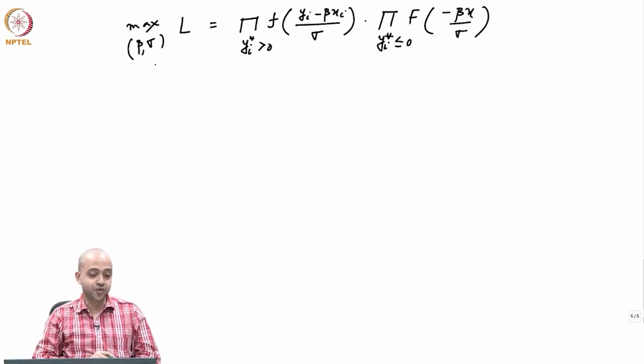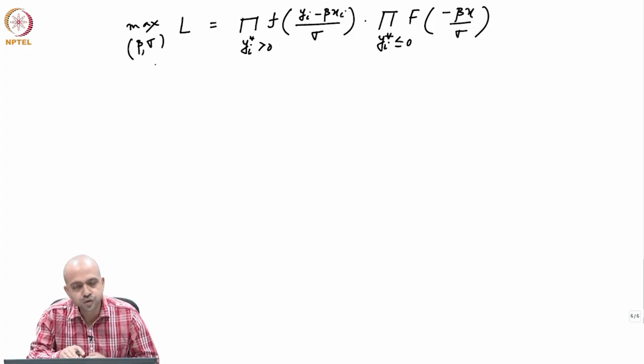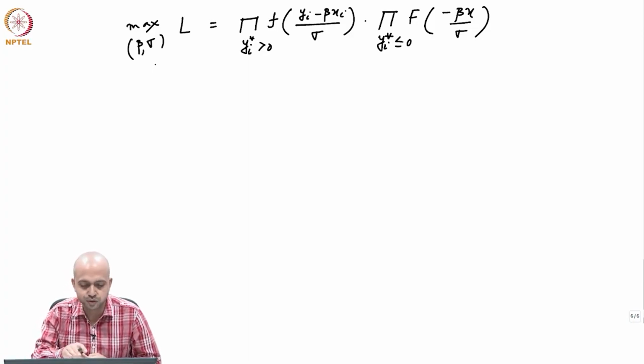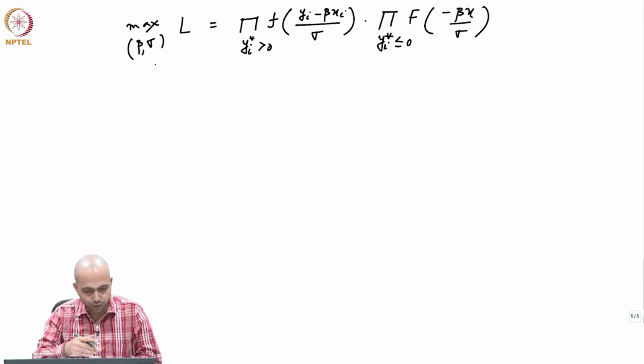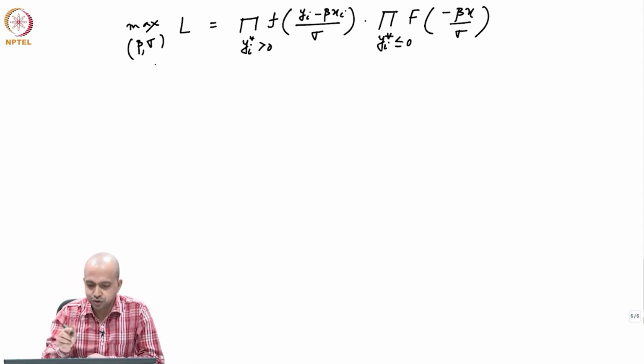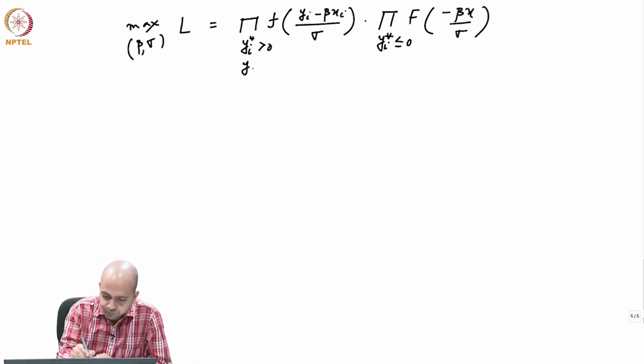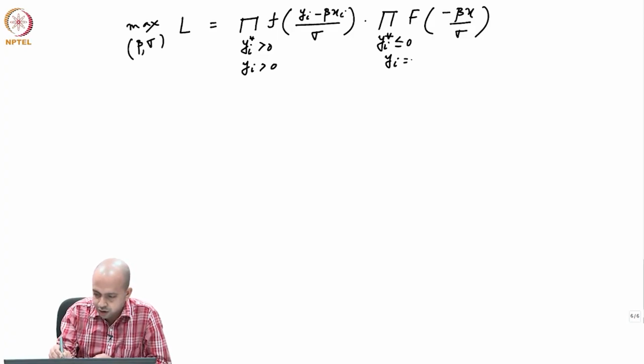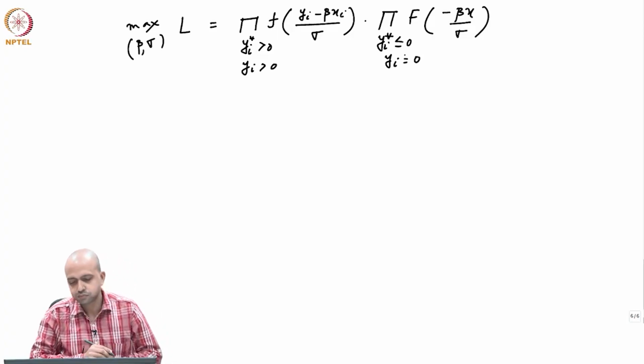Rather, I am trying to construct a likelihood with both sets of people. For the first set, yi star greater than 0 or yi greater than 0, you have positive automobile expenditure, and the remaining is yi equals 0, because yi star is less than or equal to 0. So here yi is greater than 0, here yi equals 0.